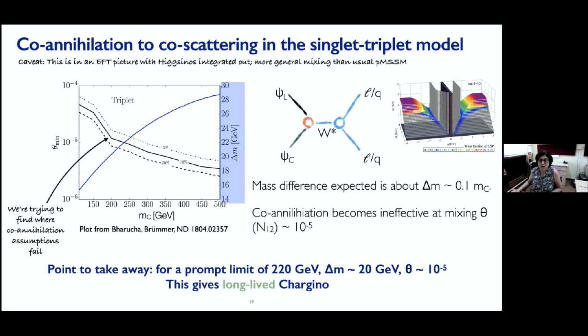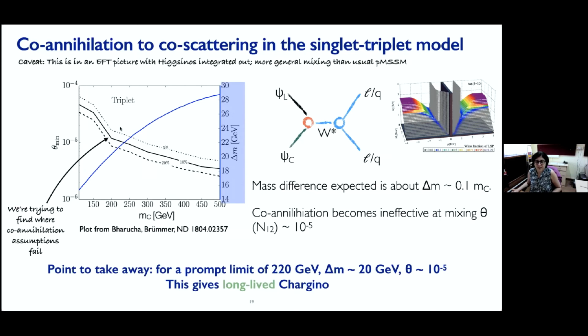Okay. Another thing that we asked, in the light of new methods of calculating the dark matter relic density, is at what point this co-annihilation and co-scattering transition takes place. So this was in an EFT picture where you can imagine that the Higgsinos are integrated out, but the overall answer still remains relevant for us.